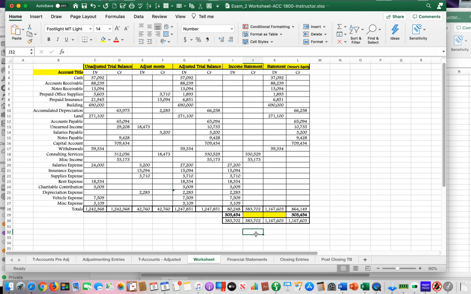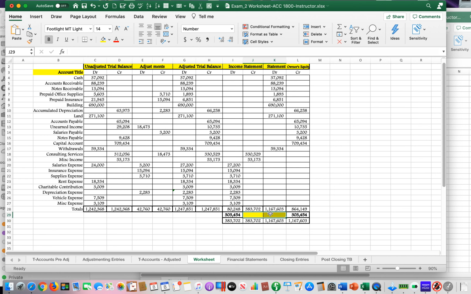But folks, do what I just said. Add up all your debits for the income statement and all your credits. Whichever is larger, you bring that number down. And then you've got to add the difference to bring the smaller number equal to the larger number. And so hear my words here.